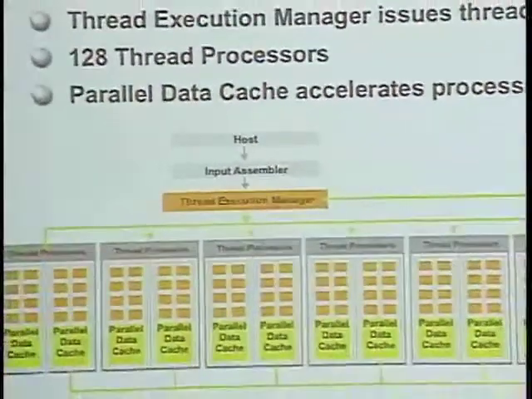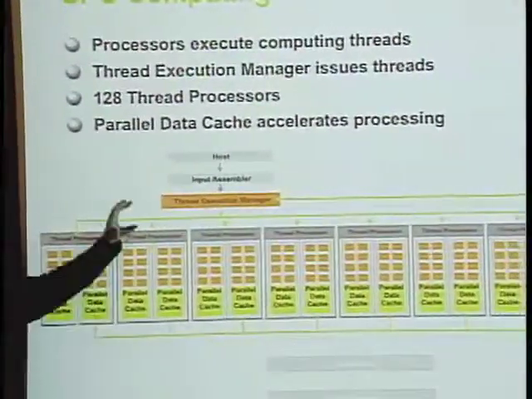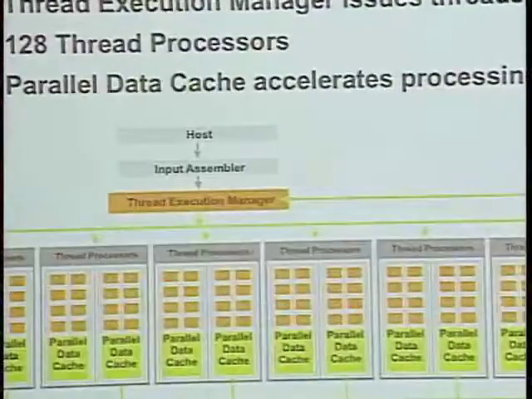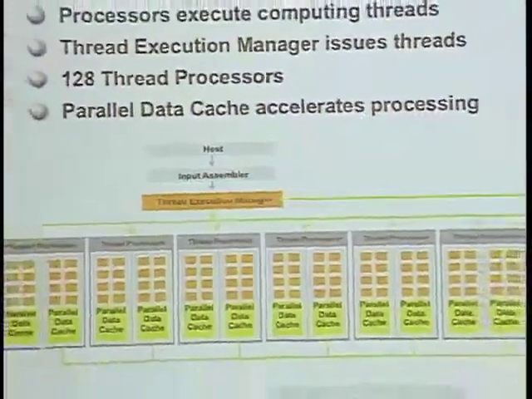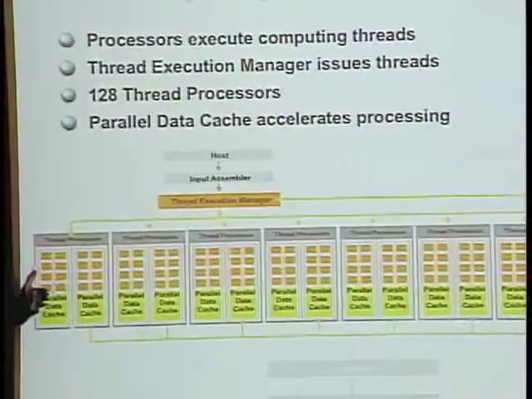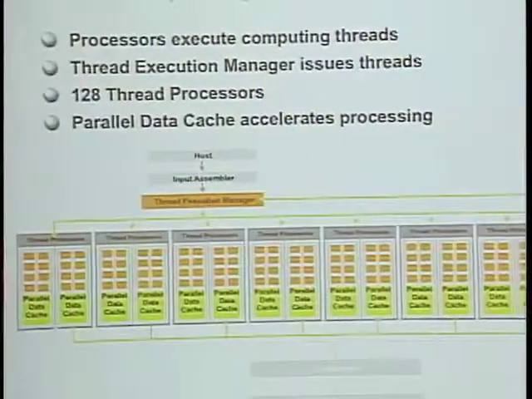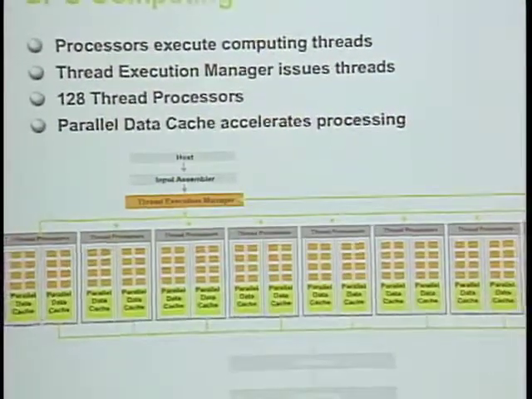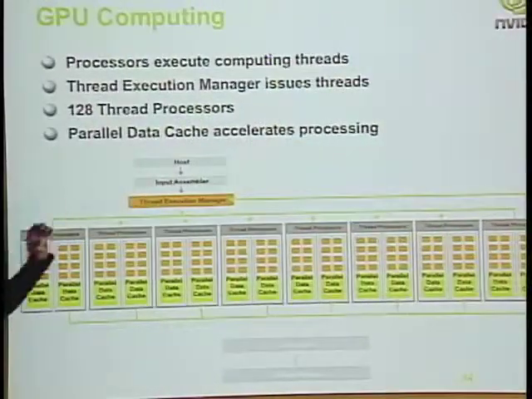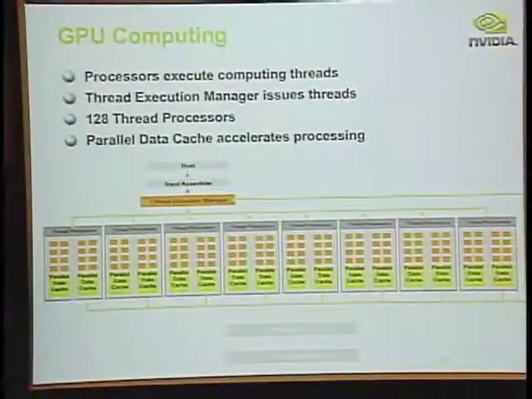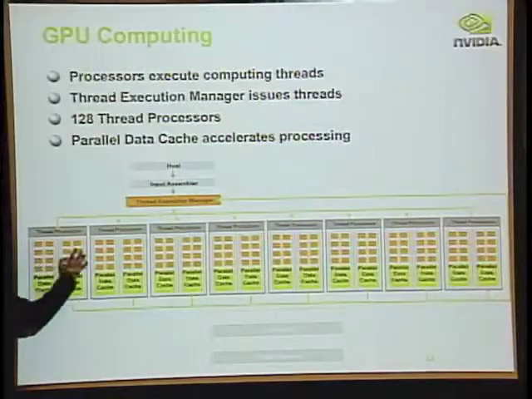The rasterizer is what creates and launches threads and so on. But here it's sort of the thread execution manager. So the big picture with NVIDIA here is that they will launch lots of threads at the same time, and they will organize these threads into blocks. I'll tell you what a block is in a minute. But what the thread execution manager is responsible for doing is taking blocks and assigning them to multiprocessors.